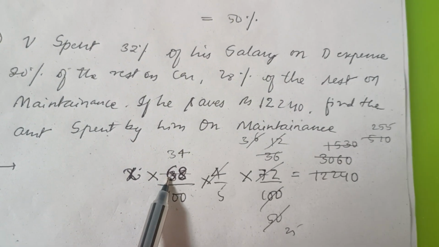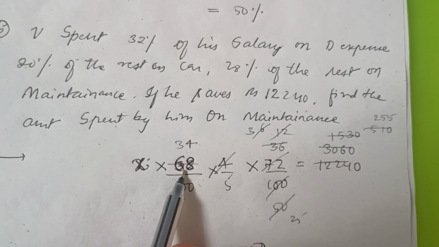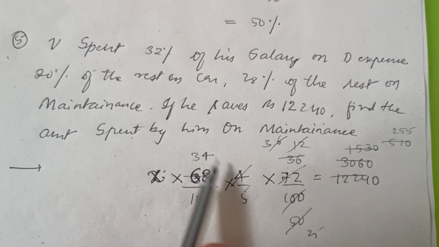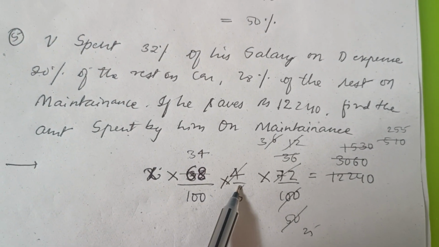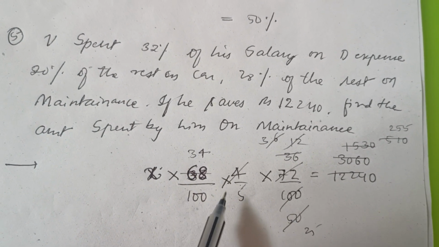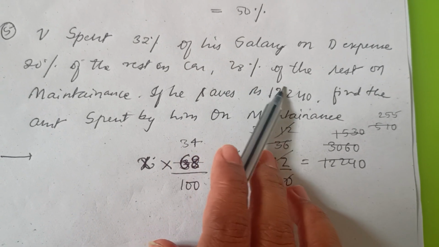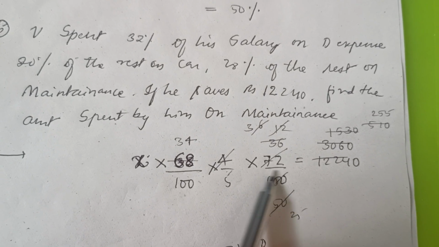If he spends 32 out of 100, then we will be left with 68%, that is 68 divided by 100. Then again he spends 20% of the rest on the car, so we will be left with 4 by 5th of the amount. Next he spent 28% of the rest on maintenance, so we will be left with 72% of the 100.